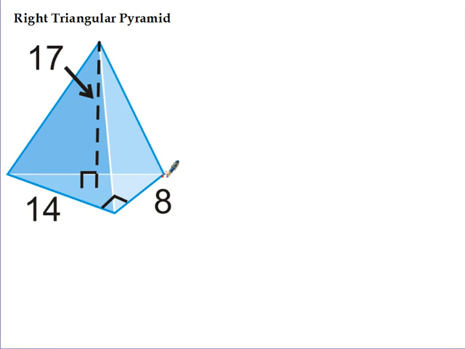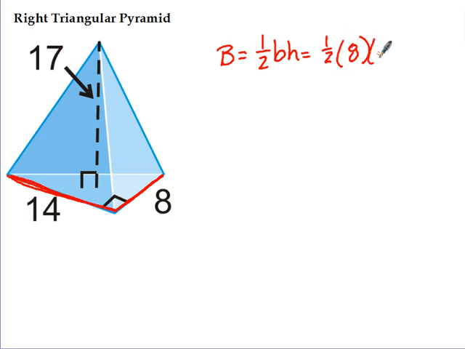So our base of the pyramid is a triangle, so that means we're going to use 1/2 base times height. So for our right triangle down here, here's my base, and there's the height, just like the triangles that you'd been finding the area of on your last test. So it's going to be 1/2 8 times 14, and that's going to be 56.